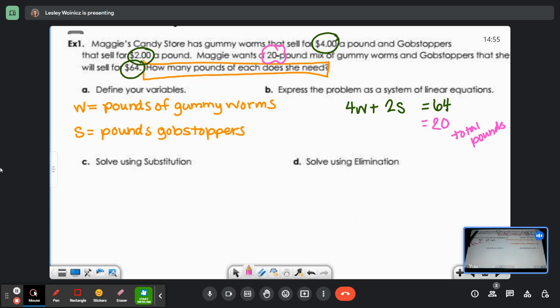So even though I'm out of numbers, what do I know has to add up to 20? S and W. So when you run out of numbers in the problem, don't forget to check your let statements where you defined your variables, because that's good information too. So I'm going to use the W and the S from my let statements and put them in my second equation. So it's pounds of worms plus pounds of gobstoppers adds up to 20 total pounds.